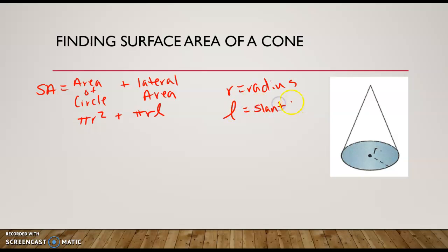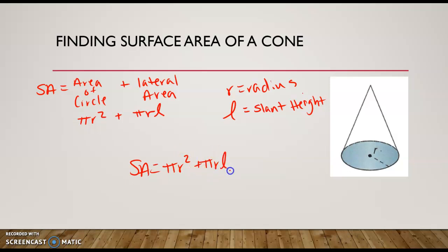And the way I always remembered that is that the cursive L is slanted just like our slant height. So our surface area is going to be pi r squared plus pi r slant height.